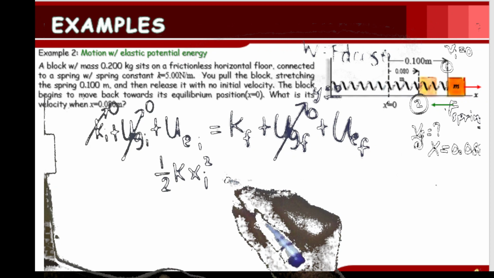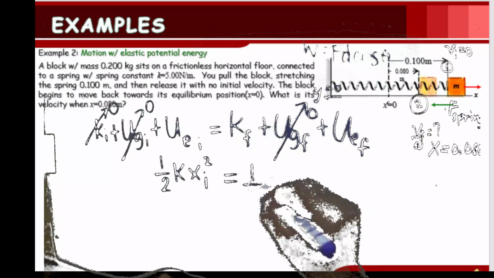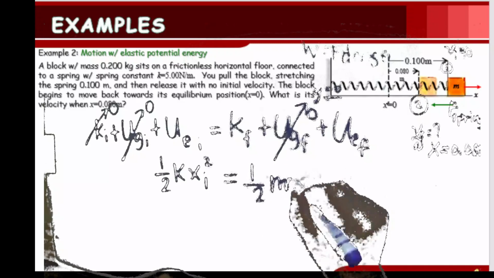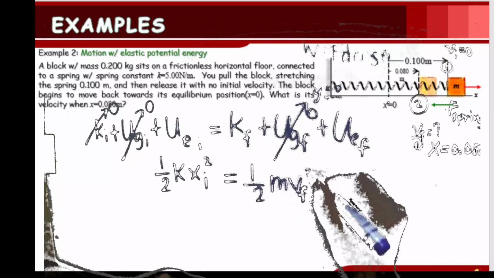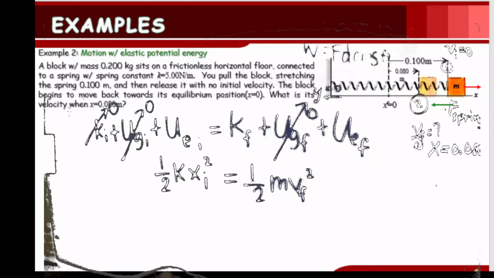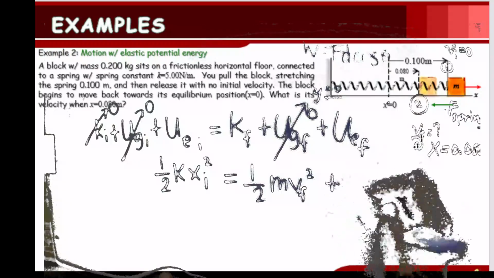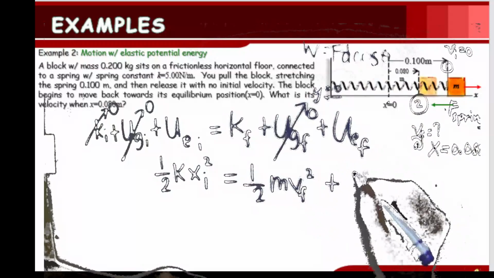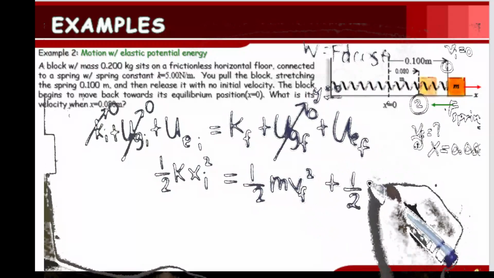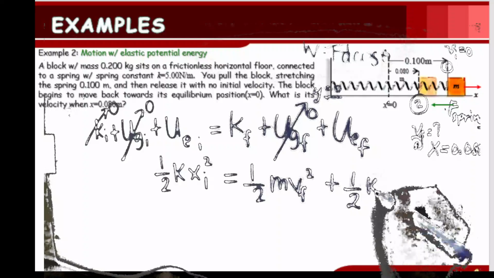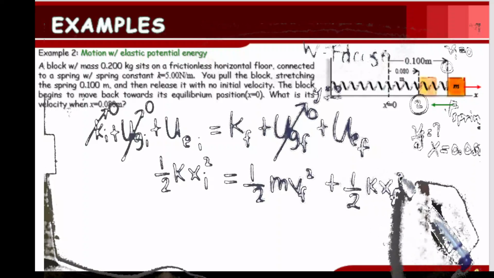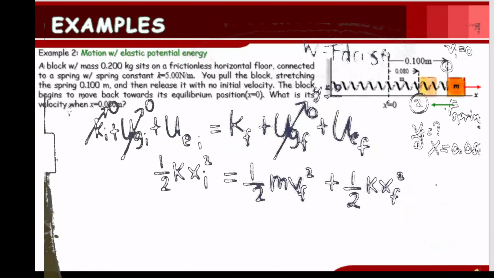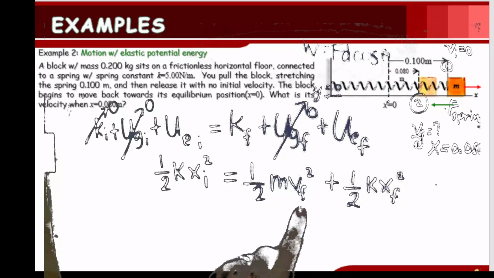This is equal to the final kinetic energy, 1 half m v final squared, plus the final elastic potential energy, 1 half k x final squared. Again, our target here is to find the final velocity, v final.